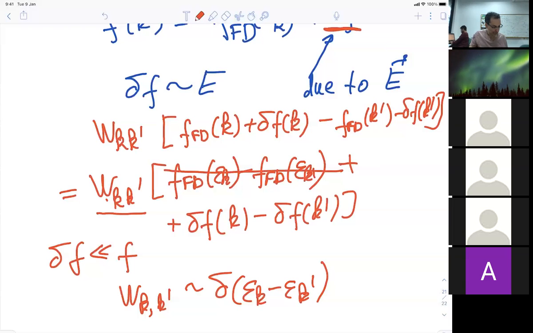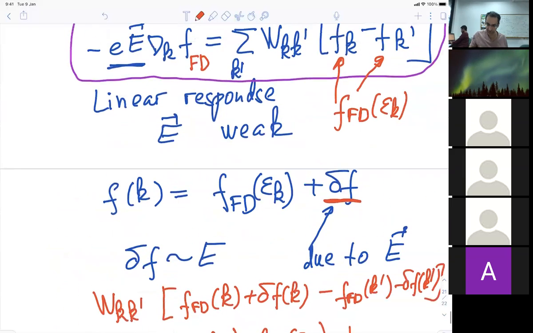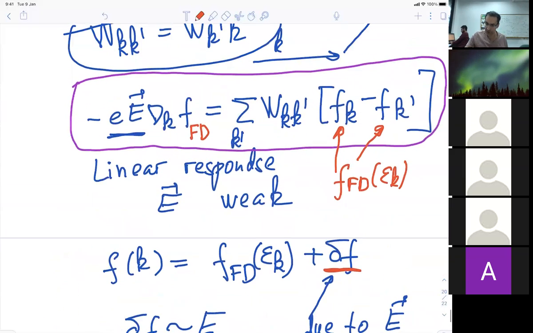And we are left with the equation where only the small part of the distribution function remains.